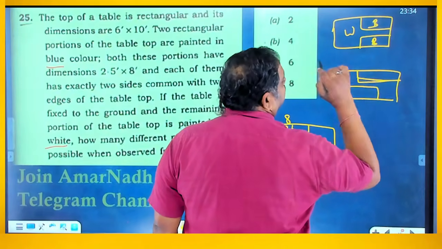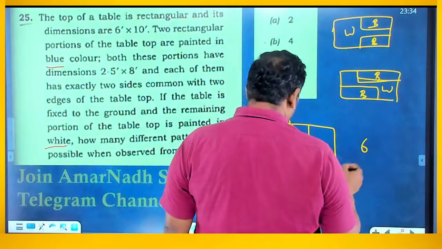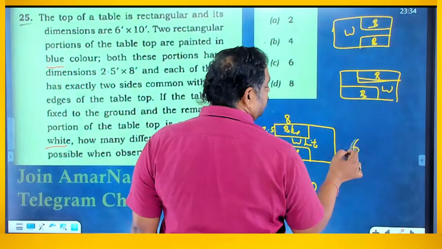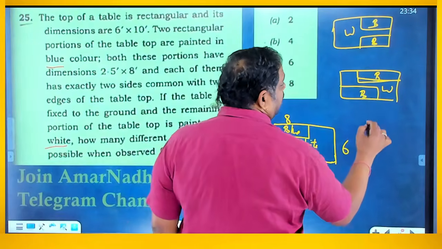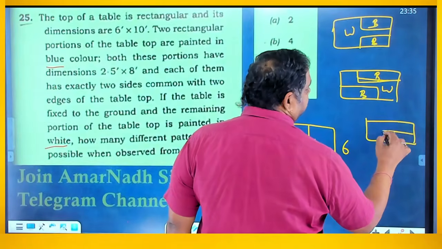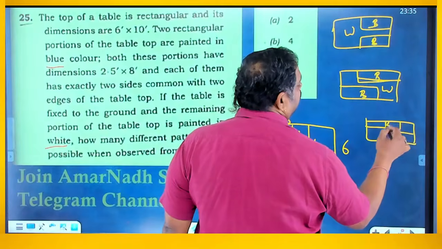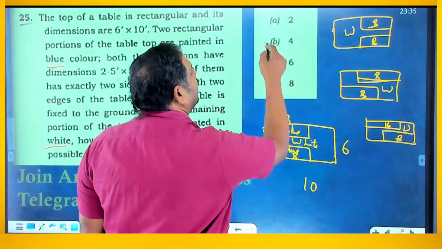Is this right or wrong here? Blue, blue, white. And the last one, 2.5 by 8, 2.5 by 8, blue, blue, white. They'll say that there are 4 and the answer is B.